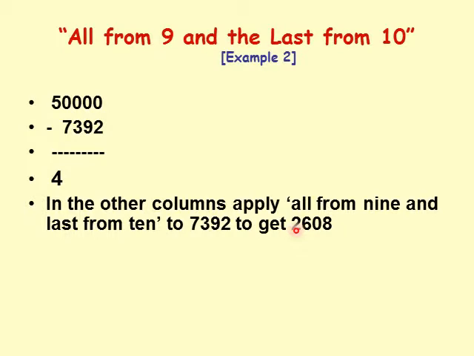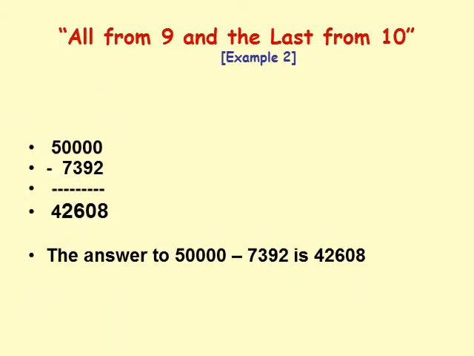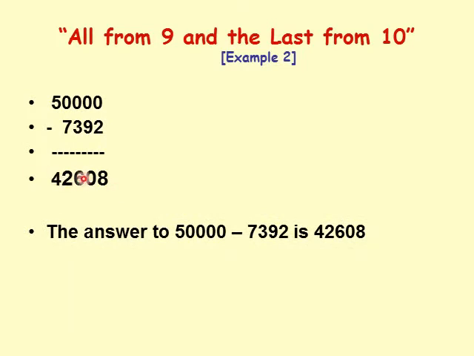So we have an answer of 42608. We have solved for all 5 digits of the answer. So 50,000 minus 7392 is 42608.